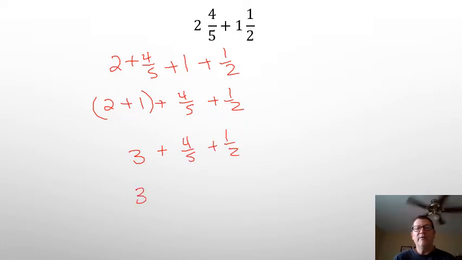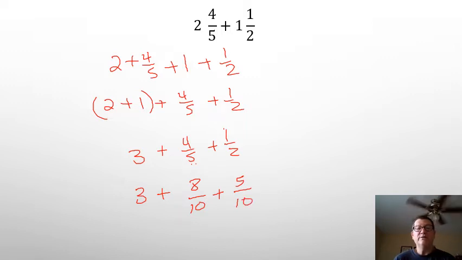Now, I'm going to convert my fractions. I know I'm going to multiply my fifths by 2. So 2 times 4 would be 8, and 2 times 5 is 10. Because I just took the denominator of the other fraction and multiplied my numerator and my denominator by it. On this one, I'm going to take 5 times 1 and 5 times 2 to convert 1/2. So 1/2 becomes 5/10.